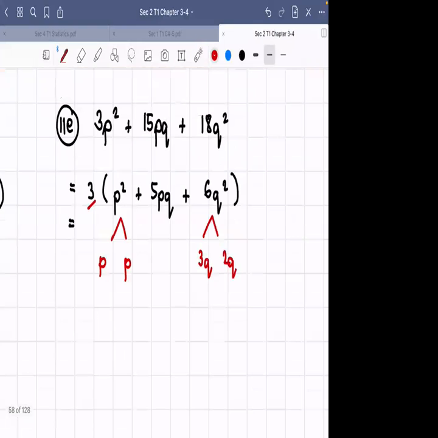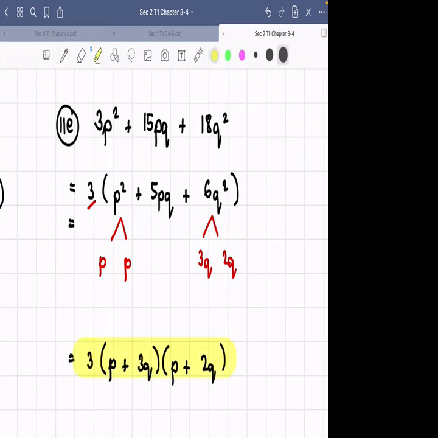So our answer here is equal to 3, don't forget the 3, and then p plus 3q, and then p plus 2q. So this is your final answer for 11E.